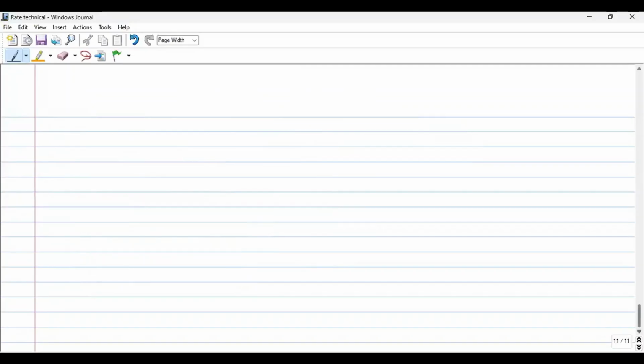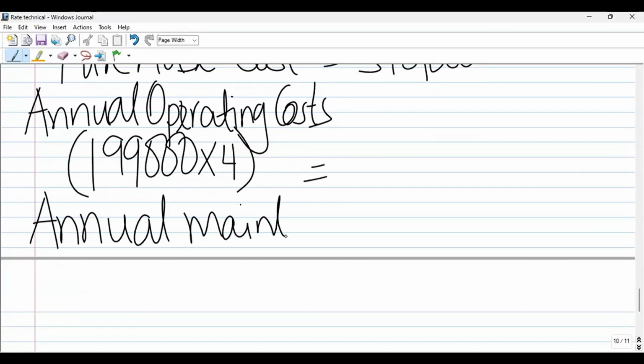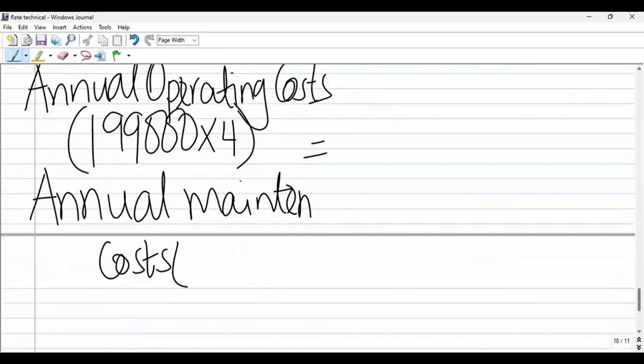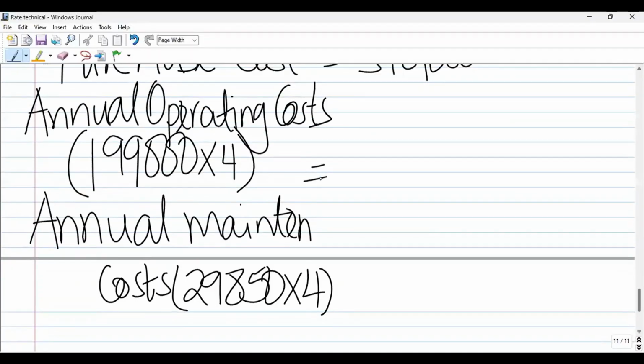You go to the next cost, annual maintenance costs. So here they gave us 29,850. So I get 29,850 times 4 because it is annual and we have 4 years.